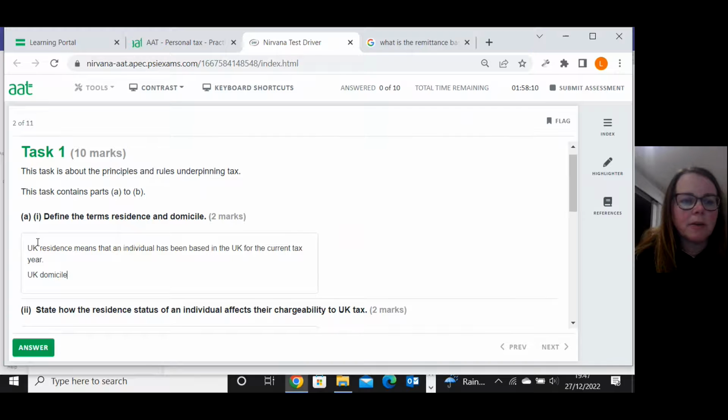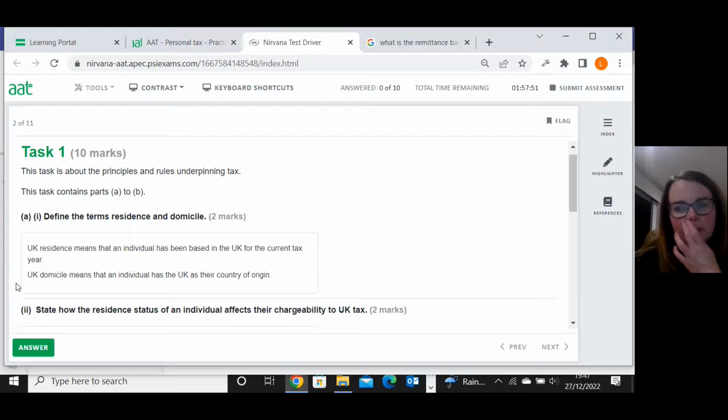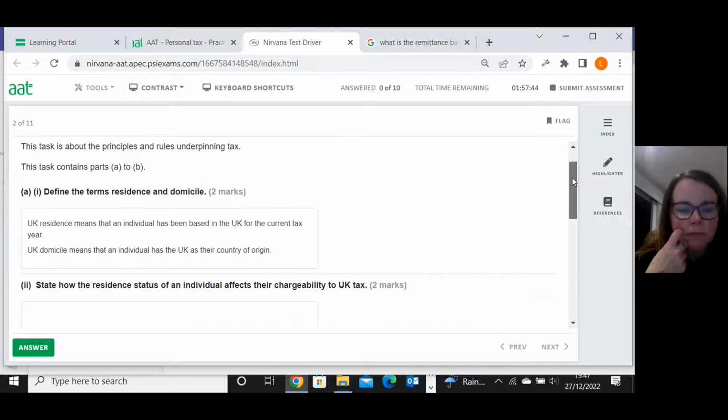UK domicile means that an individual has the UK as their country of origin. Don't think we're going to need to go into too much extra detail. If you had plenty of spare time, you might be able to use some of that reference information as well. But for 2 marks, I think that is going to be sufficient.